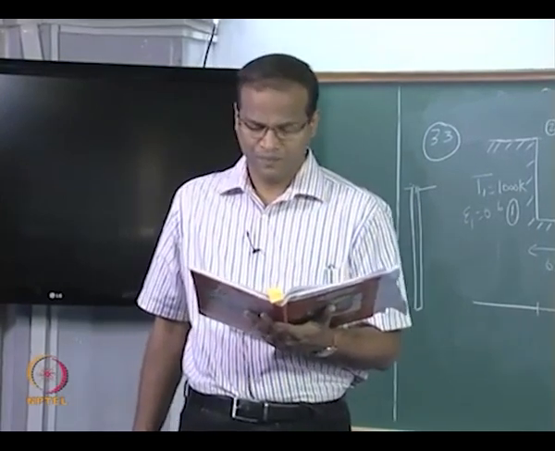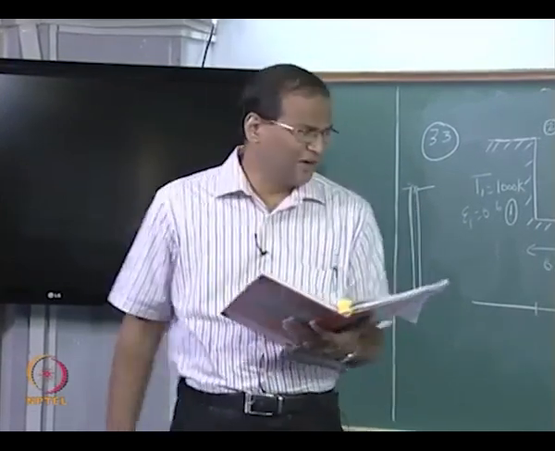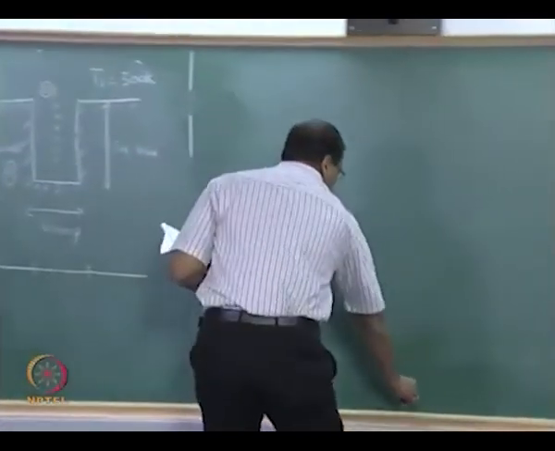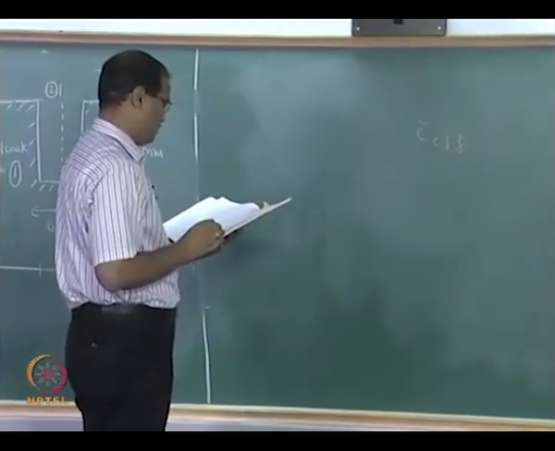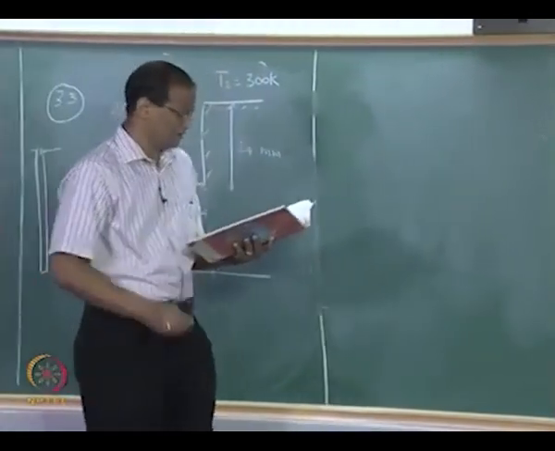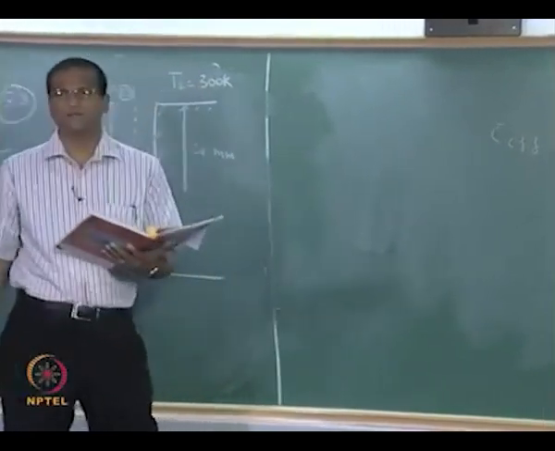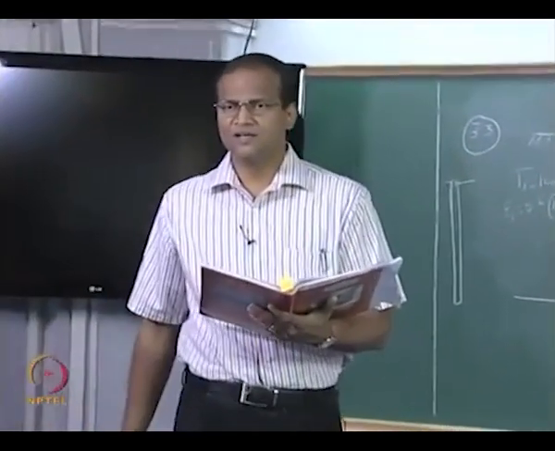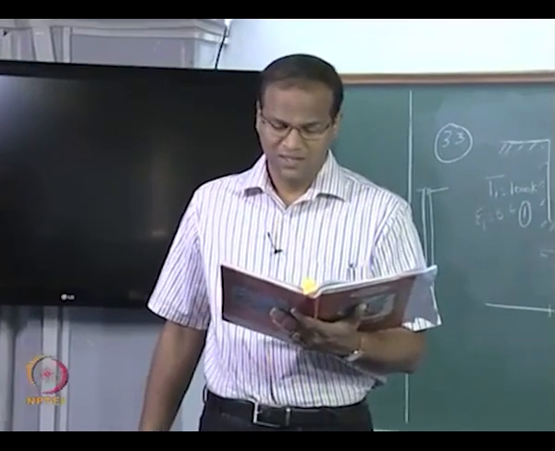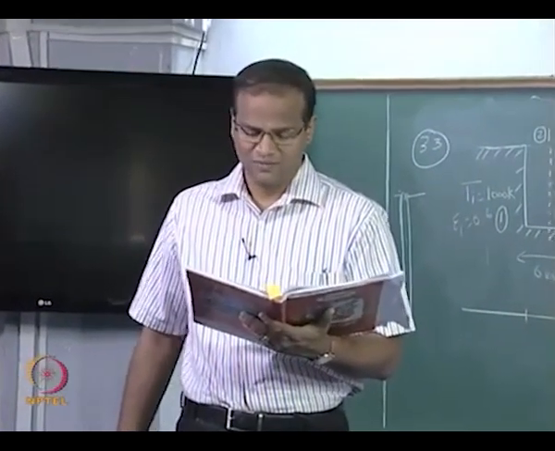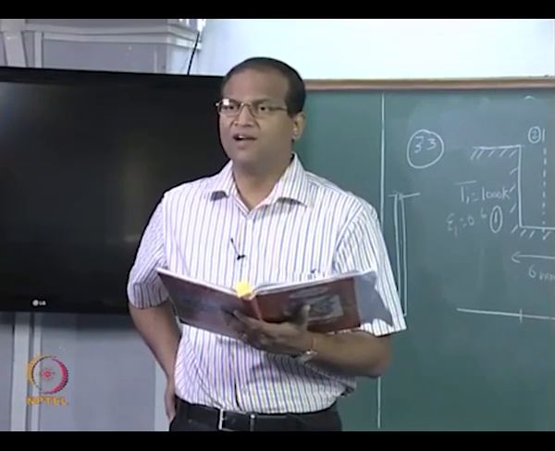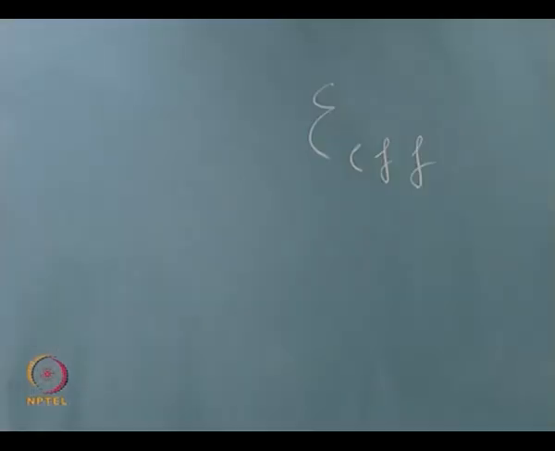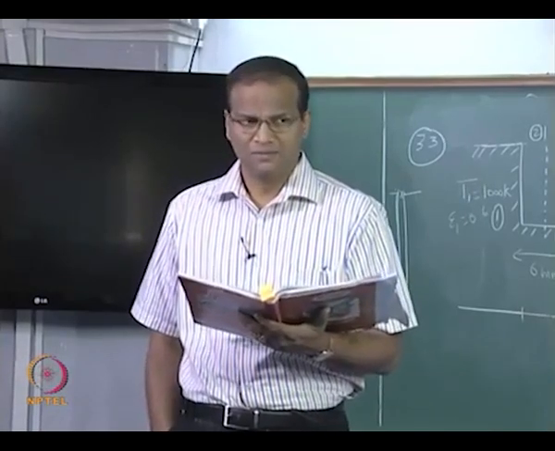B. The effective emissivity epsilon EFF of a cavity is defined as, I am giving you the definition, the ratio of the radiant heat transfer from the cavity, that is what you calculated in part A, correct?